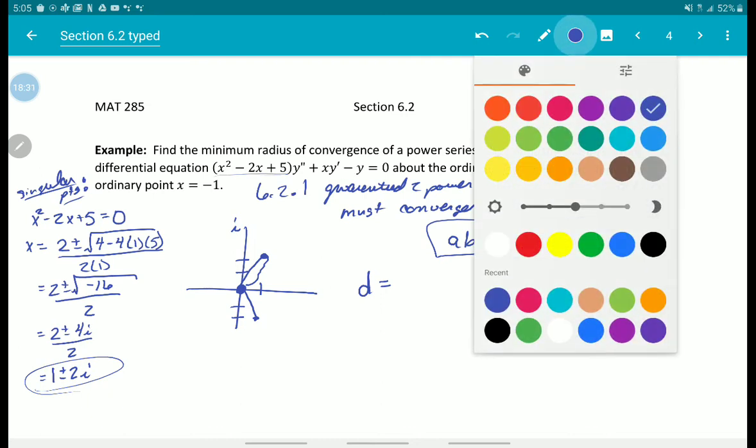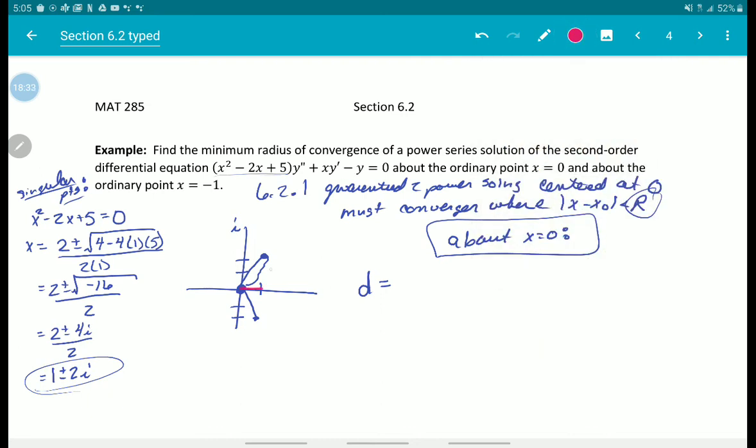So we could think about this as a triangle, and we could find that distance using the Pythagorean theorem. So we know from here to here is 1 unit, so that side's 1, this side's 2, so to find that distance, it's going to be the square root of 2 squared plus 1 squared, which is the square root of 5. That distance would be the same for this guy down here.